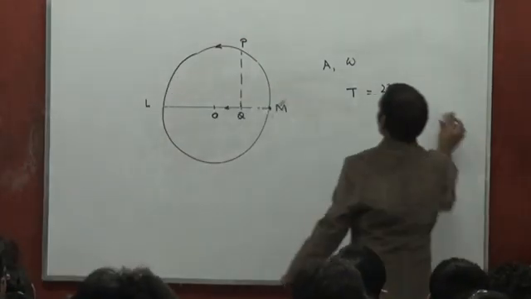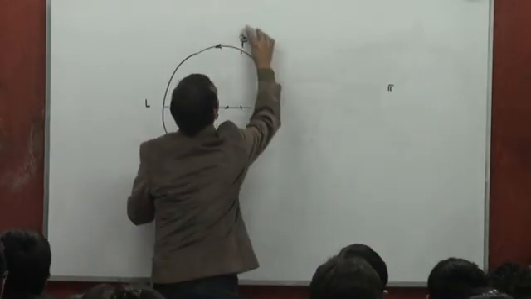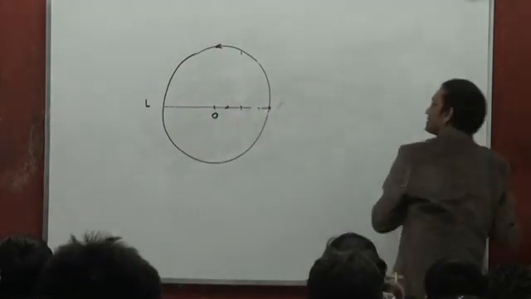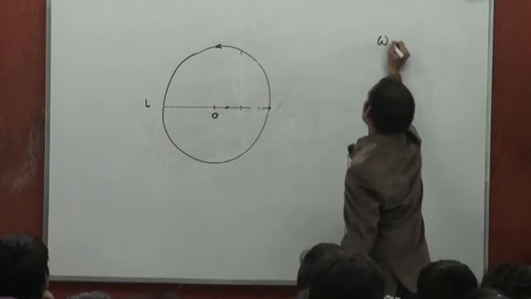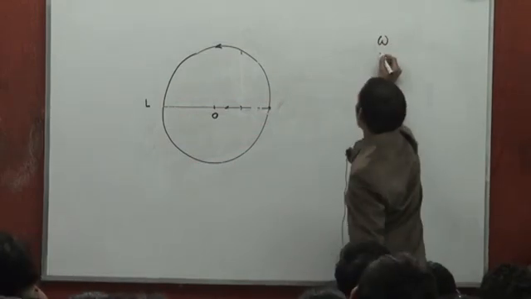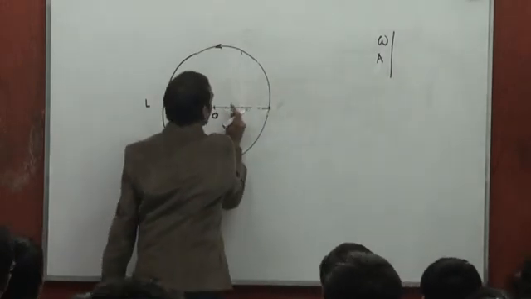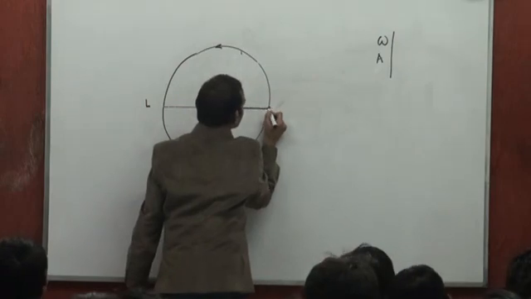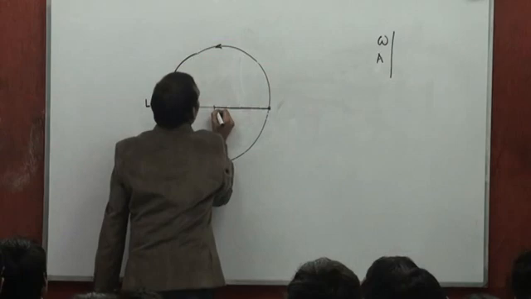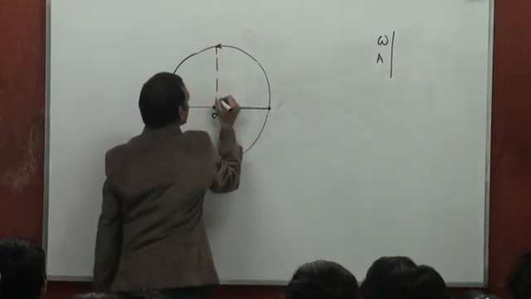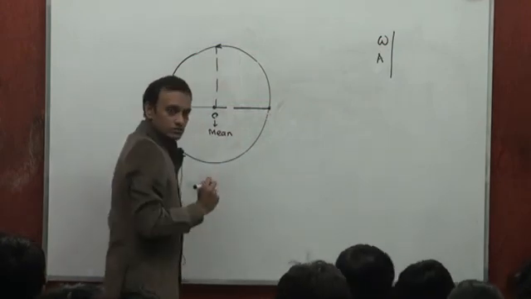Now, say again we have an oscillator which executes simple harmonic motion with angular frequency omega and amplitude A. And at some point of time, this is the mean position, right?